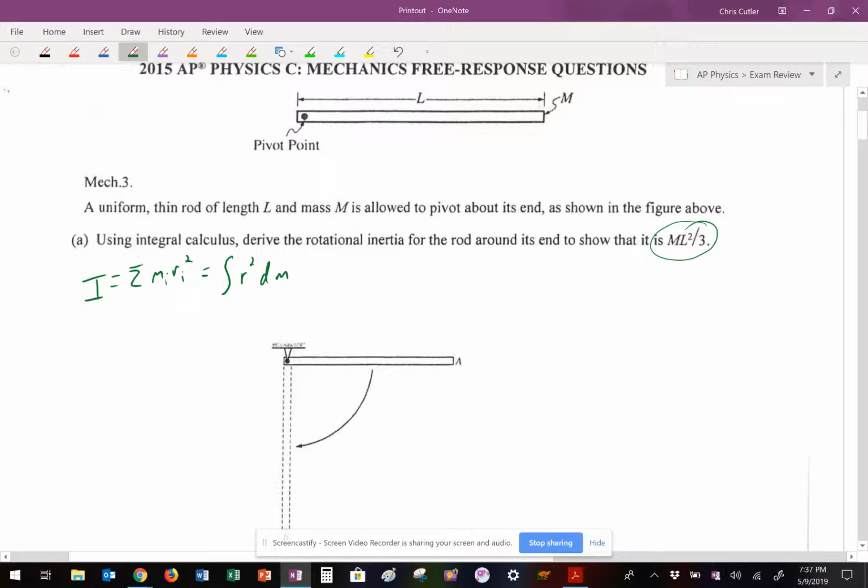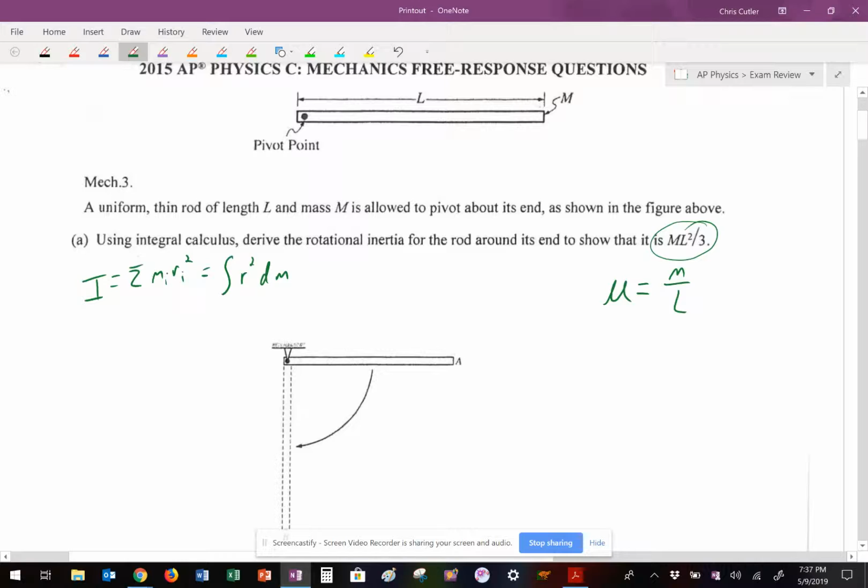Now, if you remember, you cannot take the integral over an axis-less variable. Mass has no axis. This is another one of those things where you have to remember that linear density, because this is basically a line, is equal to mass divided by length.